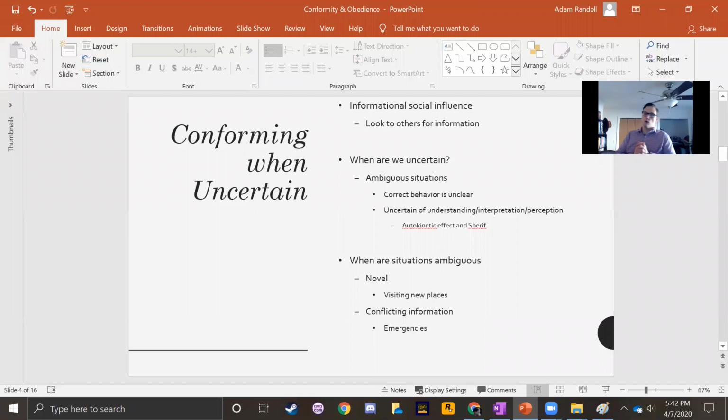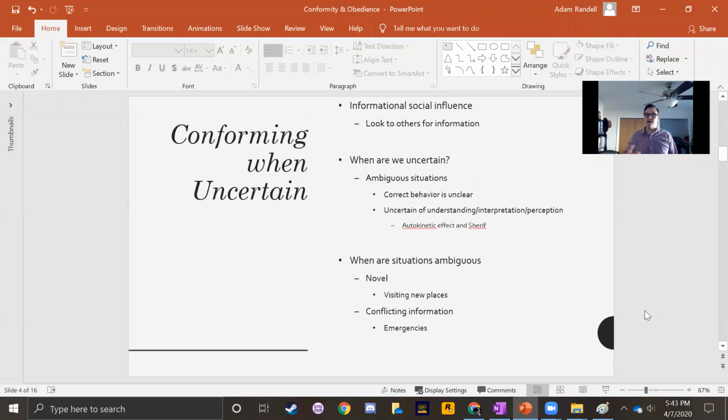So again, with informational social influence, or just informational influence, other people's behavior is giving us information about how we should behave. Informational social influence tends to lead to both public conformity and private conformity, so public compliance and private acceptance. Part of that is because we have a desire to not feel uncertain.